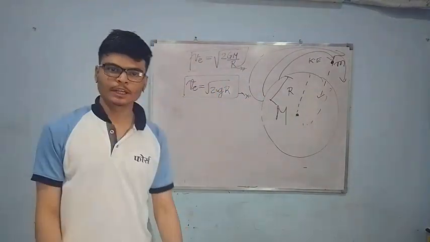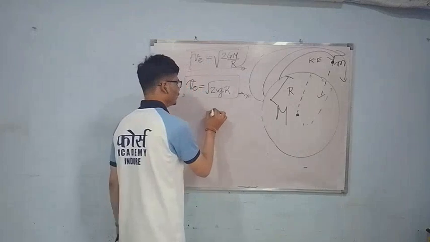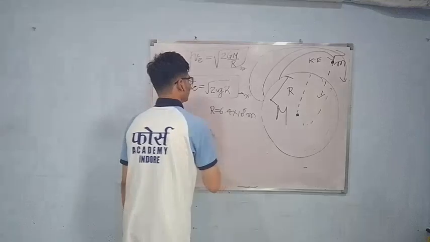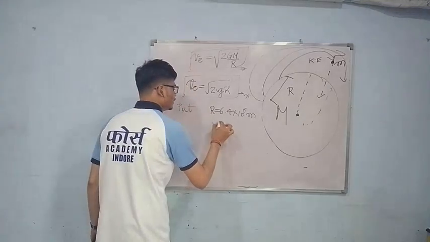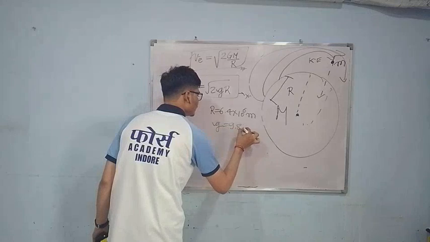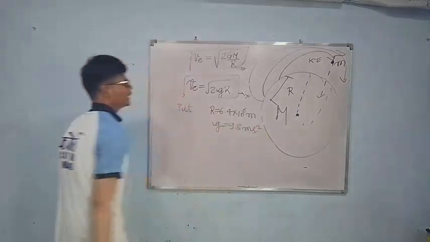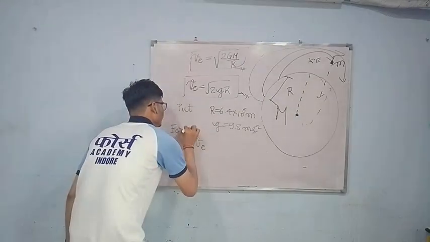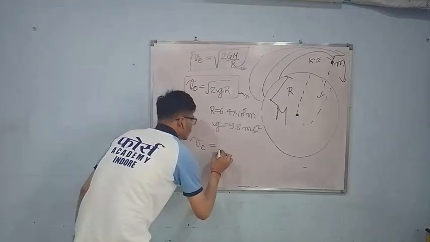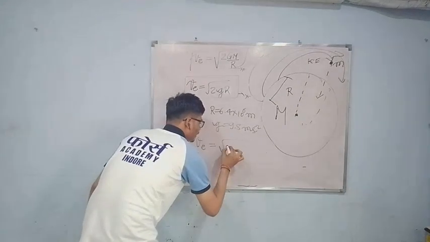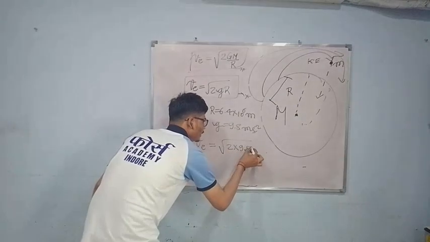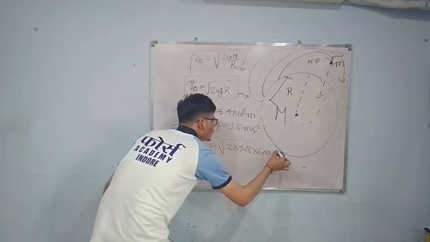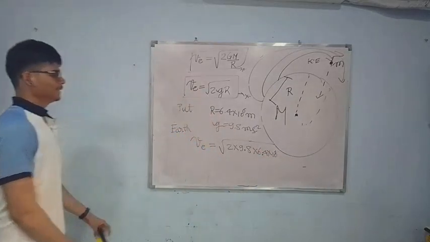So what is the escape velocity of Earth? We can find it simply. We put the radius of Earth equal to 6.4 into 10 to the power 6 meters, and g equal to 9.8 meter per second square. So Earth's escape velocity is equal to root of 2 multiplied by 9.8 into 6.4 into 10 to the power 6.